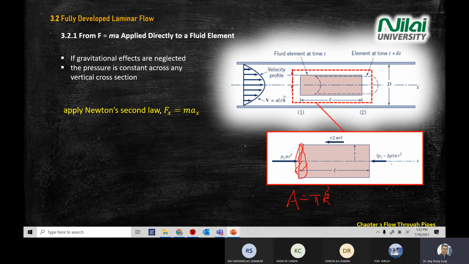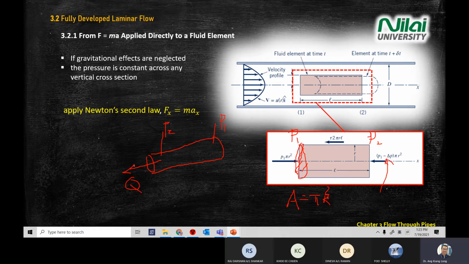On the right-hand side, there is a change of pressure, negative delta P: P1, P2. And recall why there's a negative delta P there. You remember just now I asked Q a question on the flow direction in the pipe flow. Q gave the reading of two pressures here, pressure 1 and pressure 2.